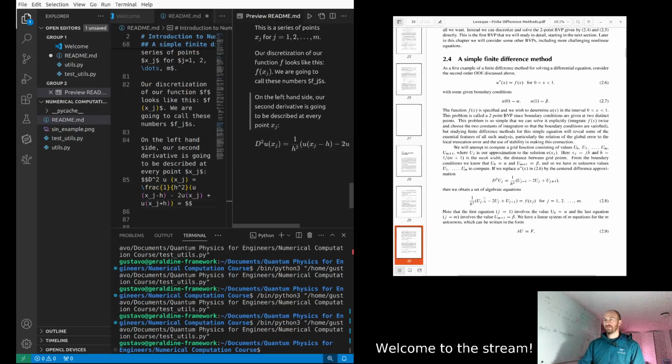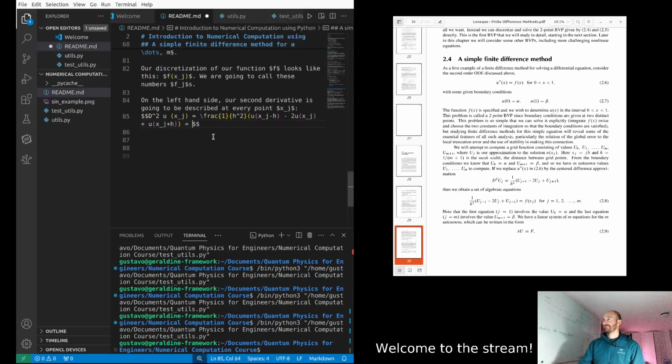Okay, well, you can see it in these notes here. What you can see here is that u of x of j minus h is precisely the point previous to x of j, right? So x of j minus h is actually x of j minus 1. So we're going to replace that.